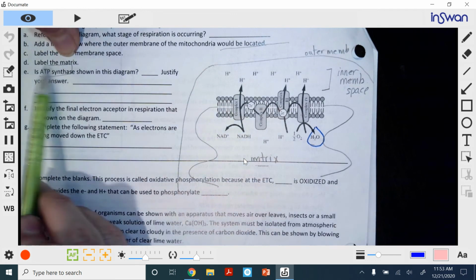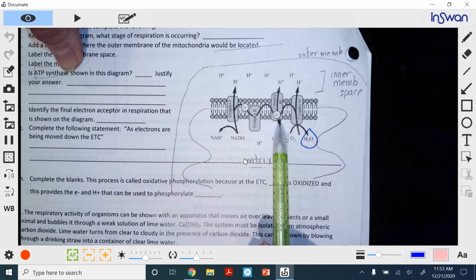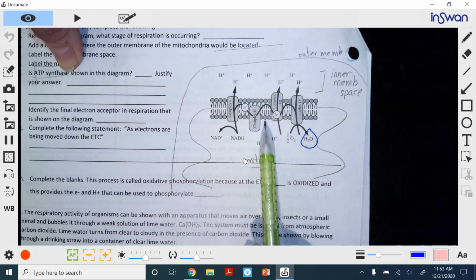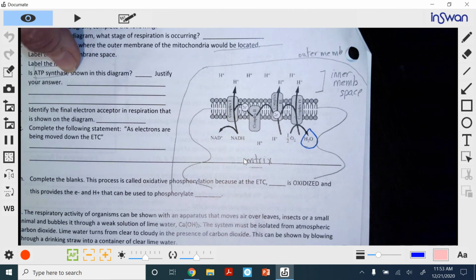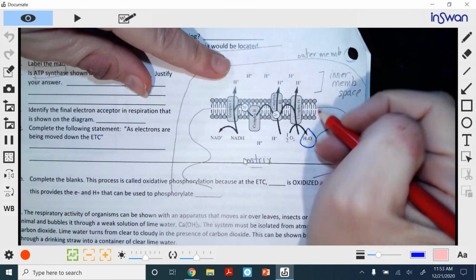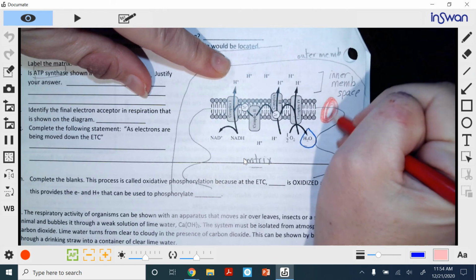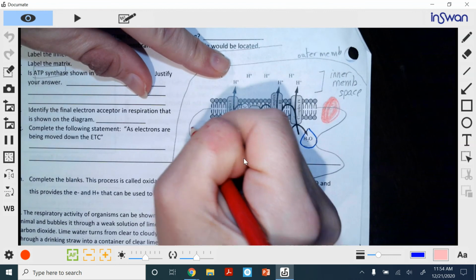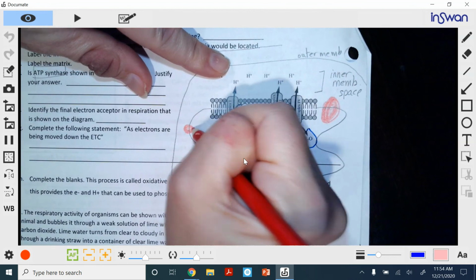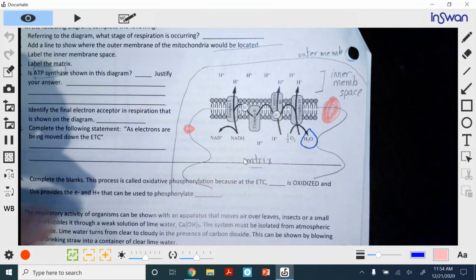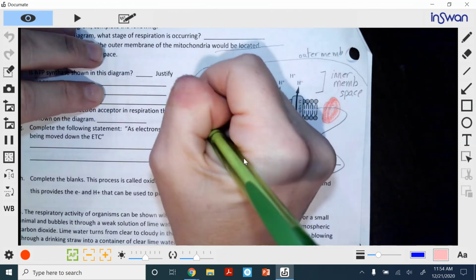Here's a question for you. Is ATP synthase shown in the diagram? Do you guys see ATP synthase in the diagram? Right. So the ATP synthase, they're not diagramming it. I mean, there could be one right here. ATP synthase is also embedded in the membrane, so it can be here, all right? But how would you know it's ATP synthase?